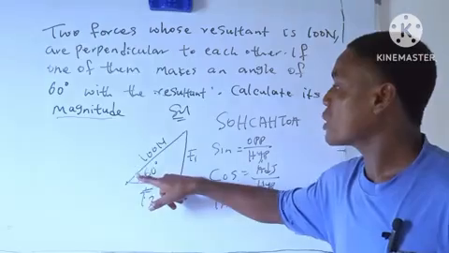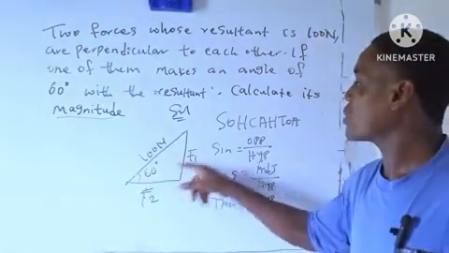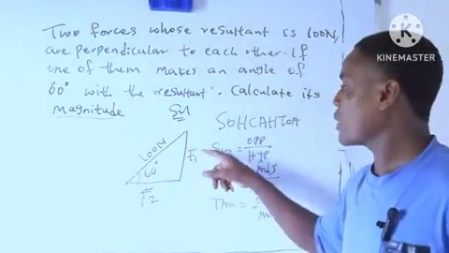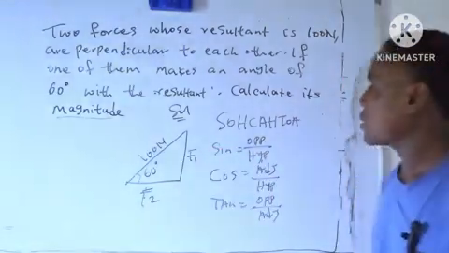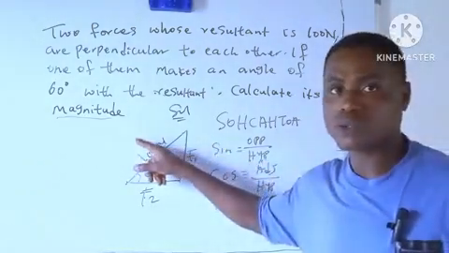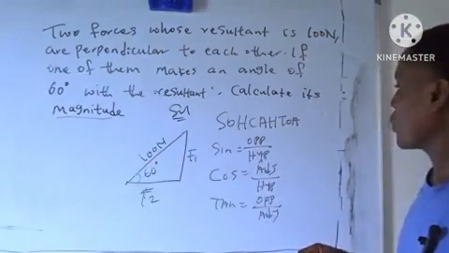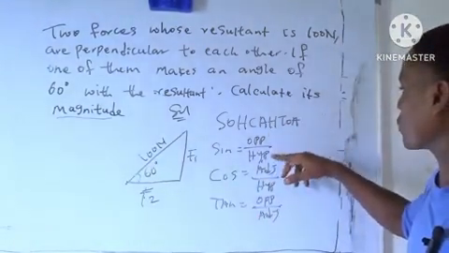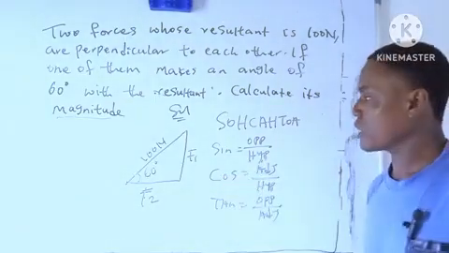But the angle is here, so where is it facing? The angle is facing this direction, so here is the opposite. So we have opposite and hypotenuse, so we are making use of sine.